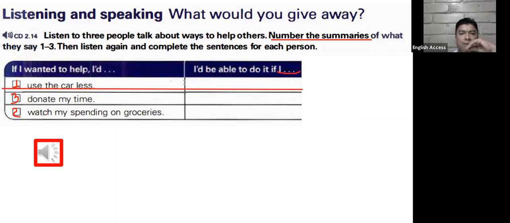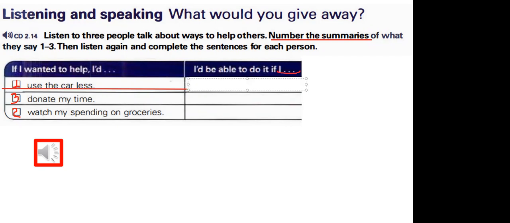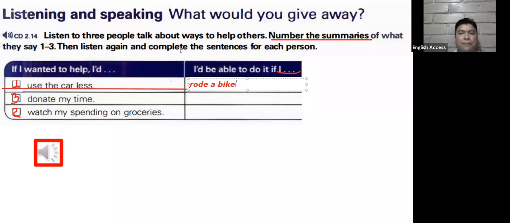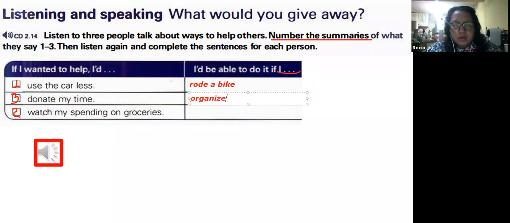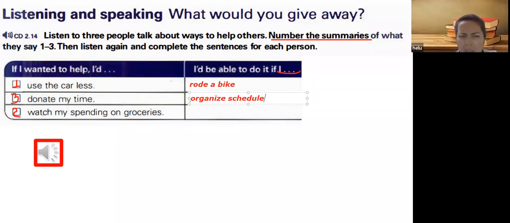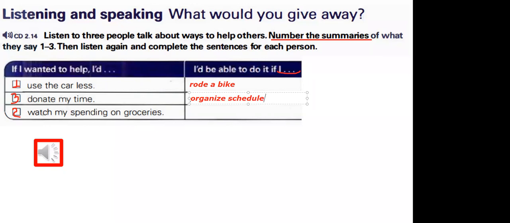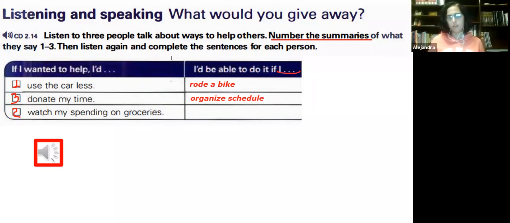If I rode a bike. What about number 3? Donate my time. Organize my schedule. He said doing volunteer, help people. Yes, but he needs to organize his time. Organize his schedule.